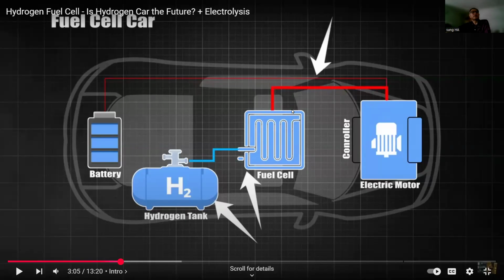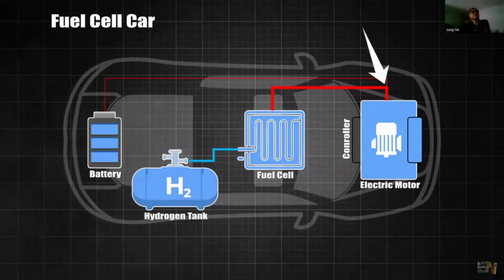The fuel cell generates the electricity with this H2 input, and the output is just water. So as you can see, the fuel cell is exactly the reverse procedure of electrolysis, such as the PEM method. The energy is then passed to the motor. That's how it works.